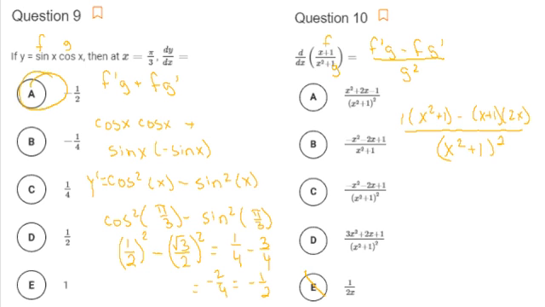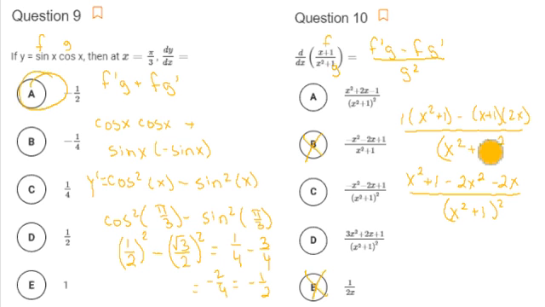So let's go ahead and eliminate E and B. All right, now this gives us x squared plus 1 minus 2x squared minus 2x. All of that divided by x squared plus 1, that quantity squared.